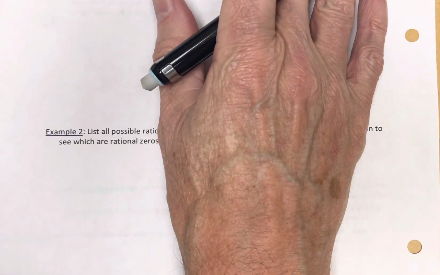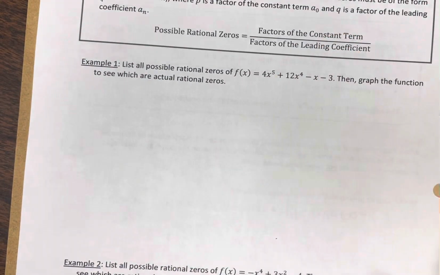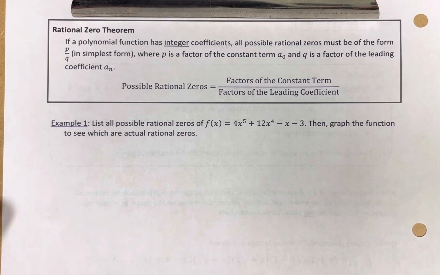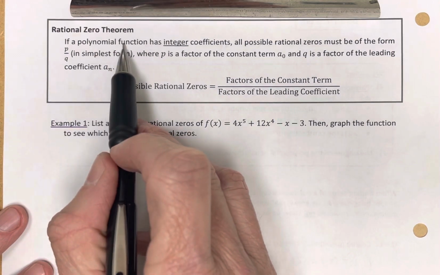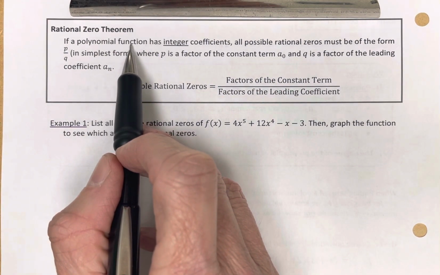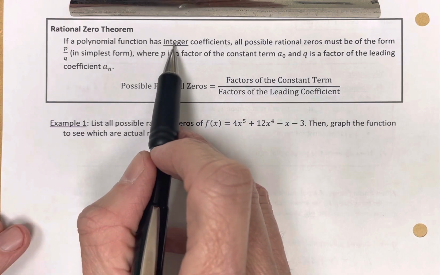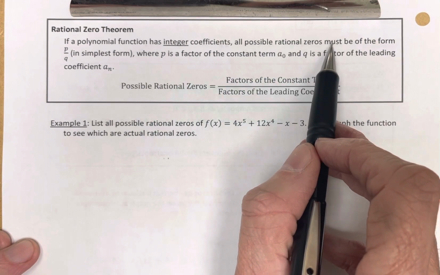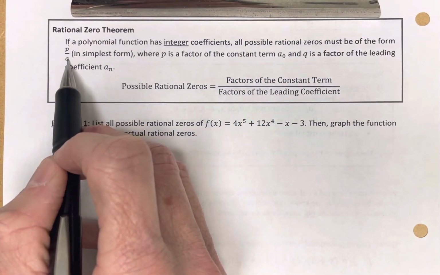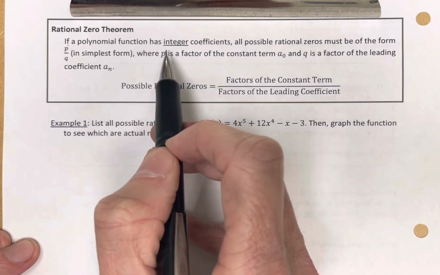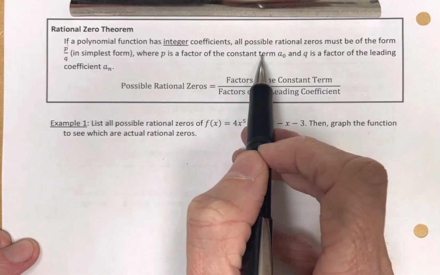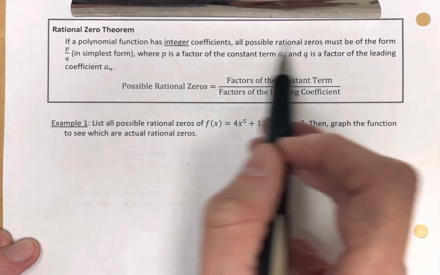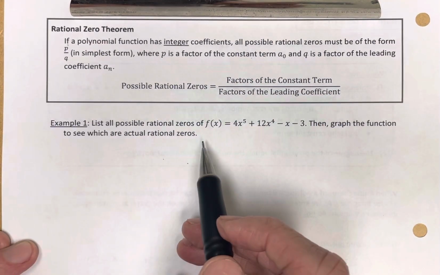What does the Rational Zero Theorem tell us? How does it work? If a polynomial function has integer coefficients, all possible rational zeros must be of the form P over Q in simplest form, where P is a factor of the constant term, which is a sub 0, and Q is a factor of the leading coefficient, which is a sub n.